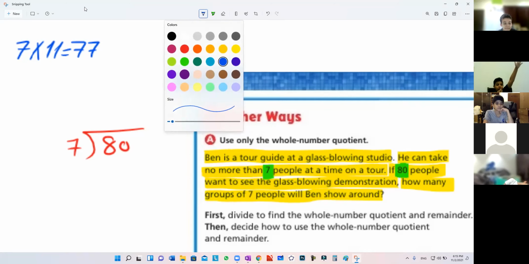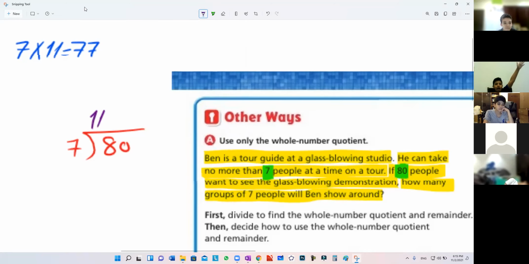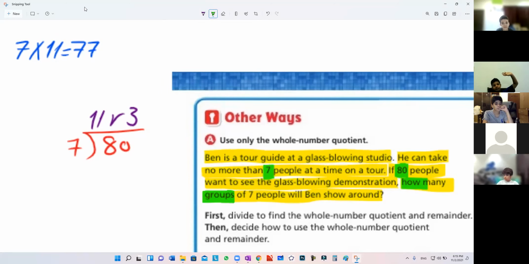So we're going to write the 11 here. And what about the remainder? 3. Okay. He's asking how many groups of 7 people Ben will show around.